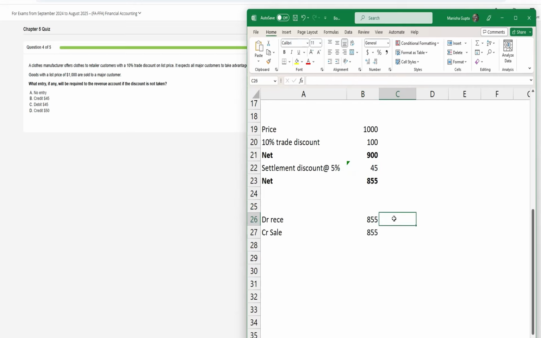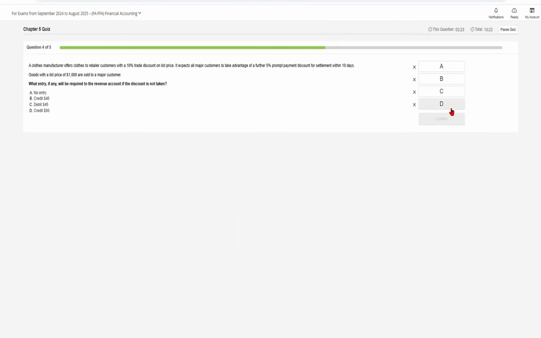That means our sales value will be 900 and the customer has to pay 900. So we need to increase our revenue by 45. The question is asking from the revenue point of view. Increasing revenue means credit. So credit will be 45. That's option B.